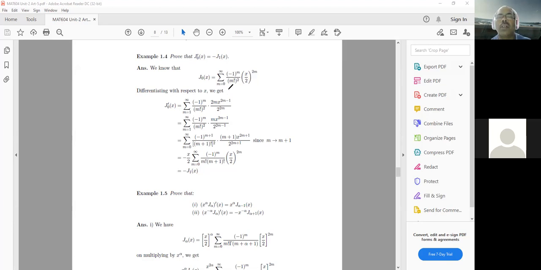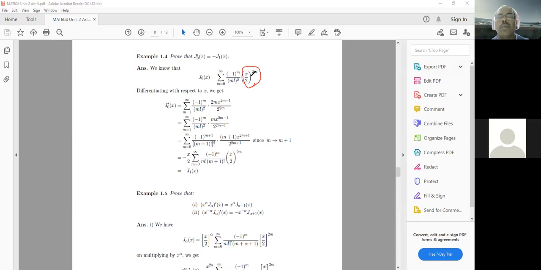Whenever m is equal to 0, this is 1, so we have only a constant term as the first term, and therefore its derivative is 0. Therefore we start this summation from m equal to 1 to infinity.